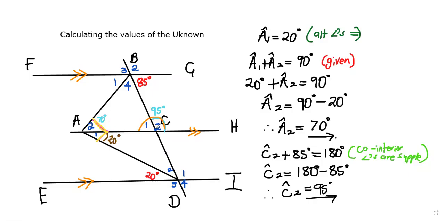When I add C1 plus C2, I must get 180 degrees. So I'm just going to say angle C1 plus angle C2 is equal to 180 degrees. Don't forget that each and every statement should be accompanied by the reason. So that is adjacent angles on a straight line.